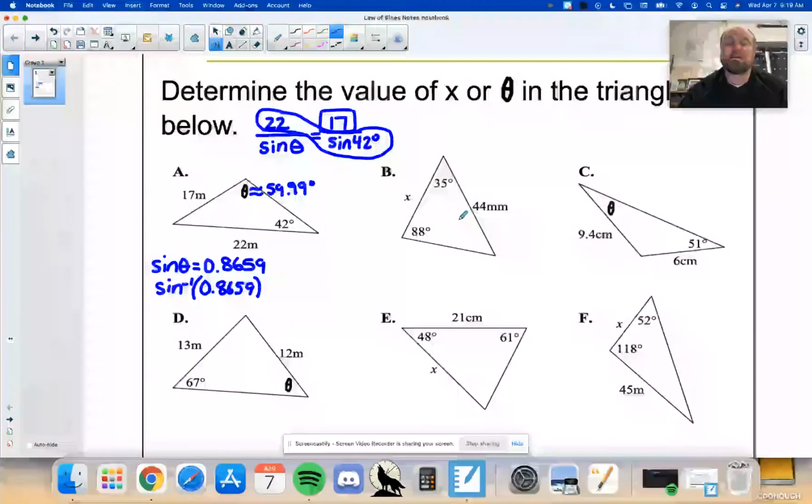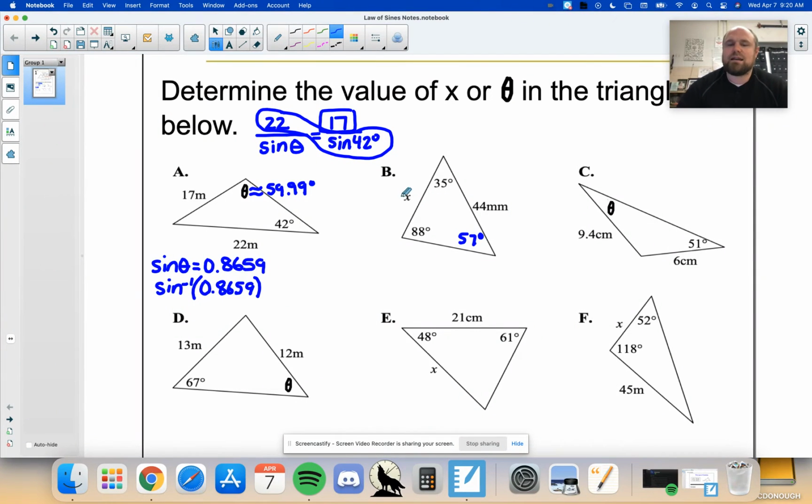But what's really nice about this problem is because two angles are already given, I can take 180, subtract 35, and subtract 88, and that leaves me with 57 degrees.